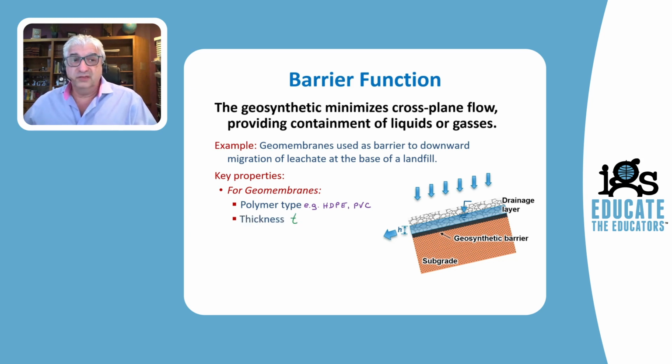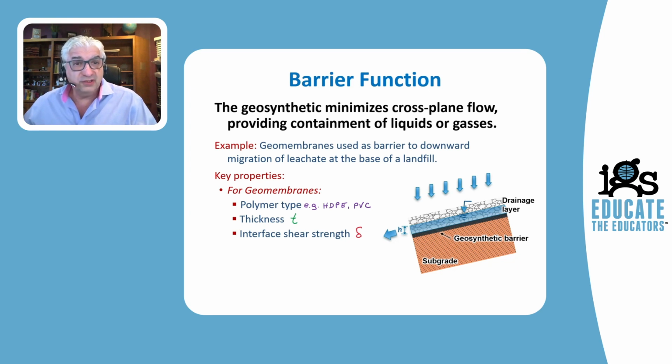An additional one will be the thickness of the geosynthetic barrier. This plays an important role not only in the long-term performance of the barrier, but also on the quality of the seam. In some cases, when we have the geomembranes in a slope, we will need to quantify the interface shear strength to satisfy stability.